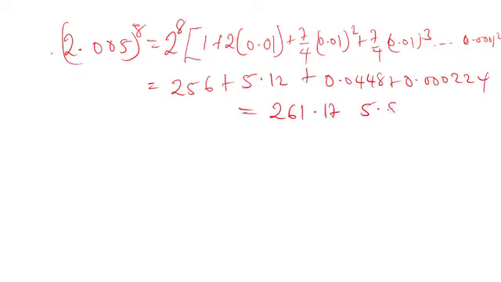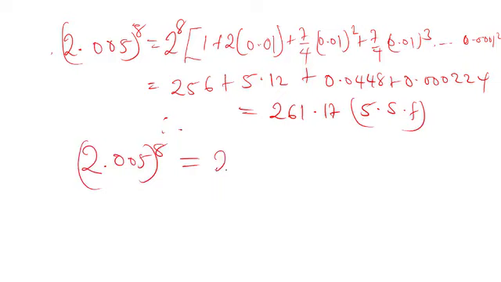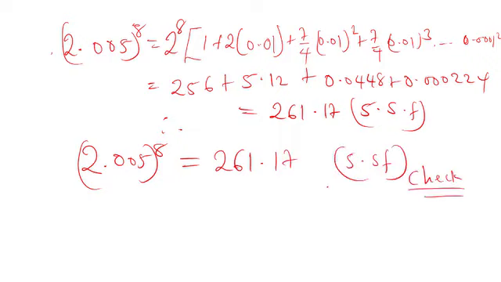That is 5 significant figure. So the value of our equation 2.005 raised to power 8 is equal to 261.17 into 5 significant figure. You can do a check of this using your calculator.